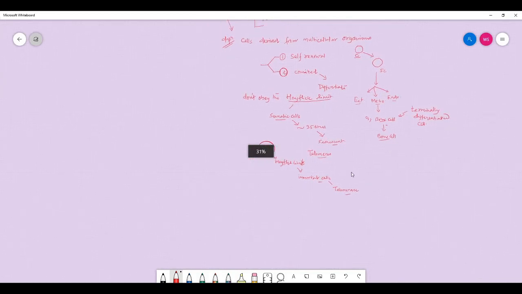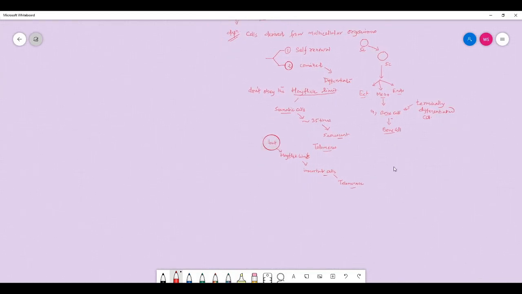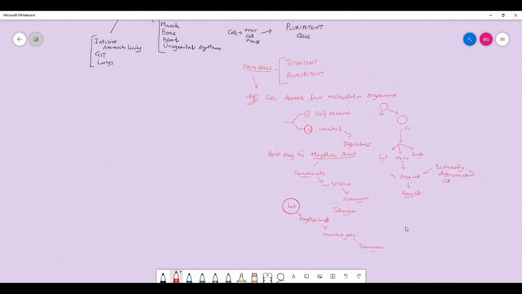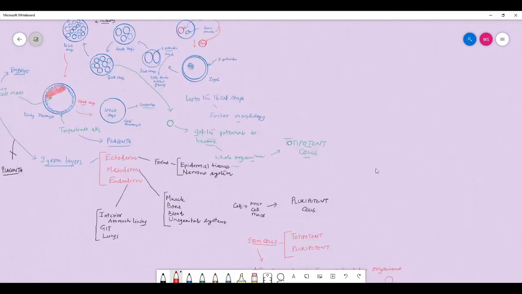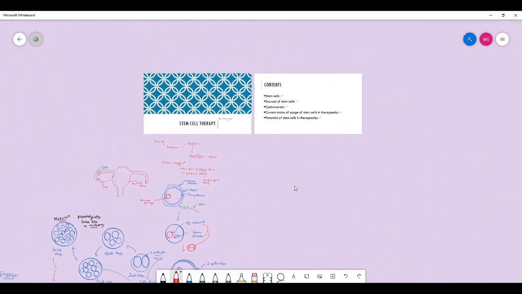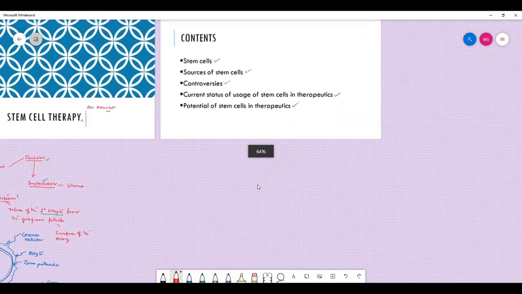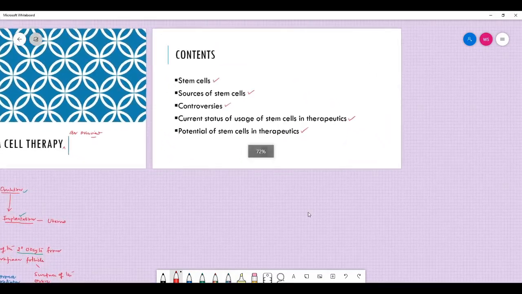So this is the description about stem cells. We have defined the stem cell and we have talked about the Hayflick limit. Let's come back to our slide and see where we are. We have tried to understand stem cells from development.